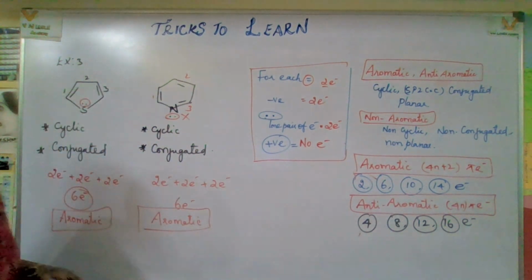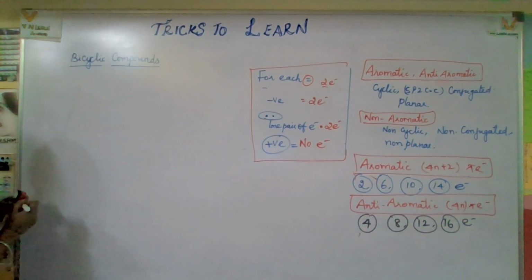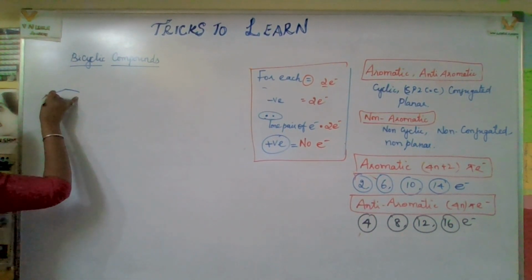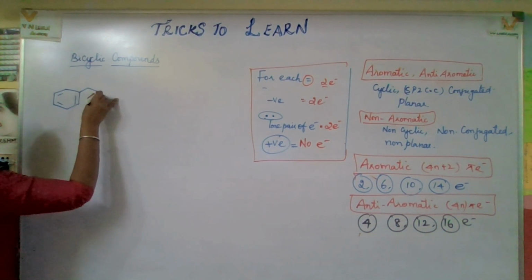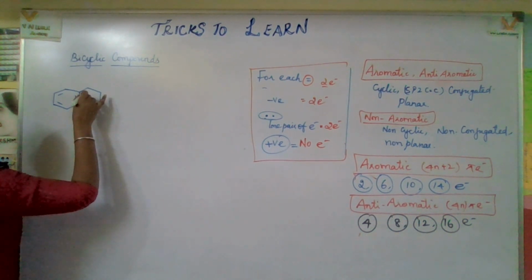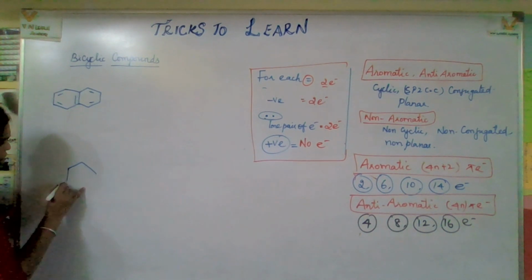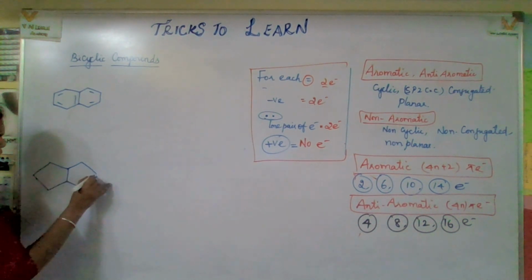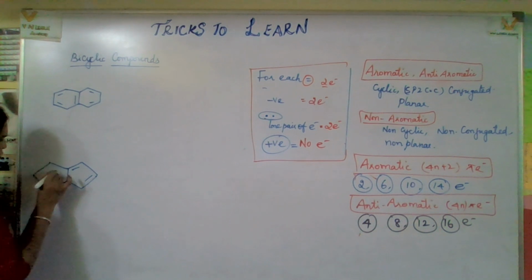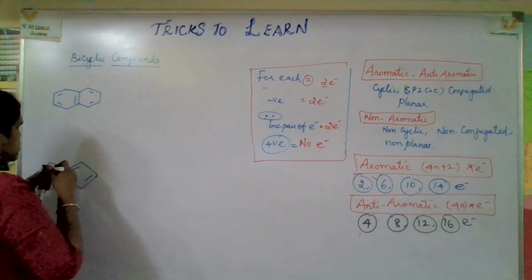Let us check. Now let us check the bicyclic compound. The example of a bicyclic compound, this is naphthalene, right? And pentalene, this is pentalene. So what are the points to be noted here?